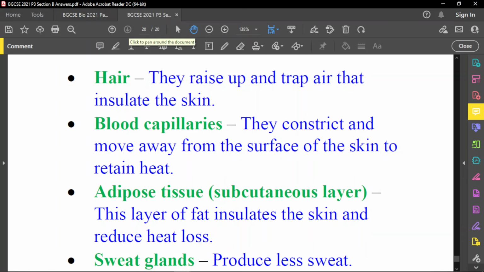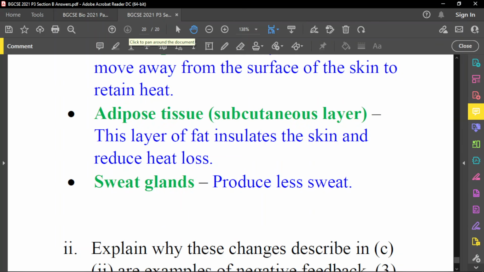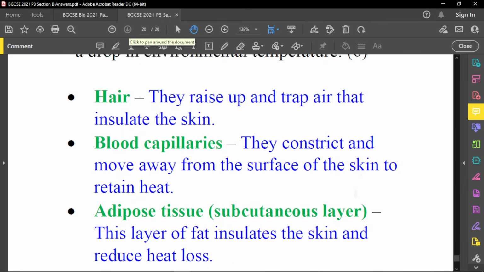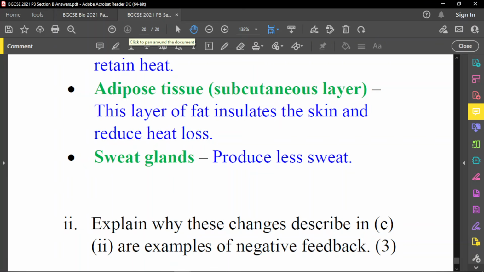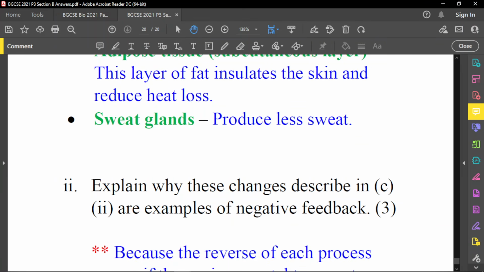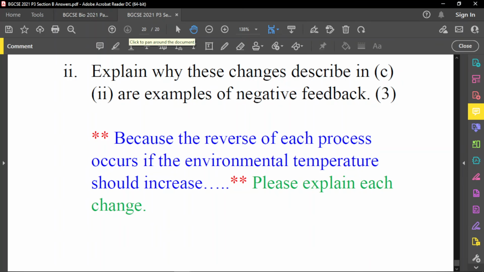The blood capillaries instead will dilate when the temperature is higher, and dilation of the capillaries will cause heat to be lost from the skin. The adipose tissue will not necessarily change, unfortunately. That can't really change, but definitely hair and blood capillaries will change. The sweat glands will start producing sweat to cool the body. Okay, so this should actually be part C1.